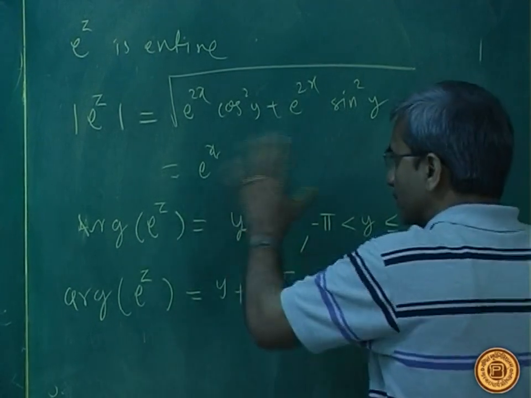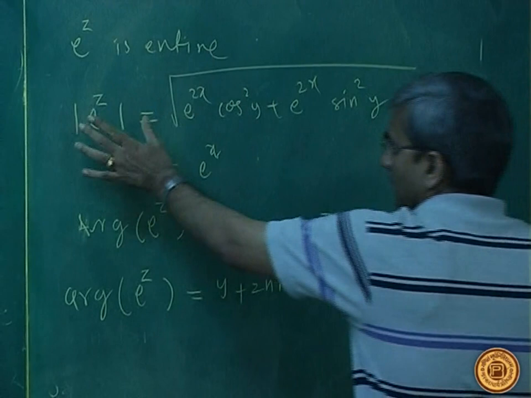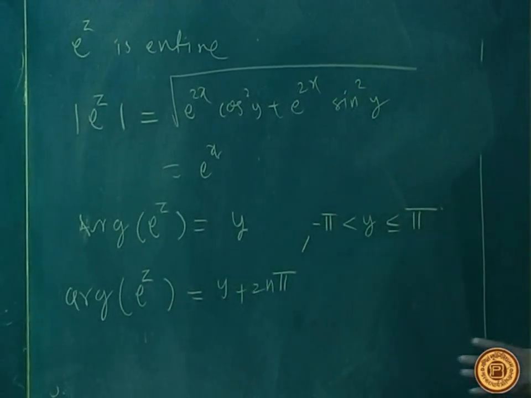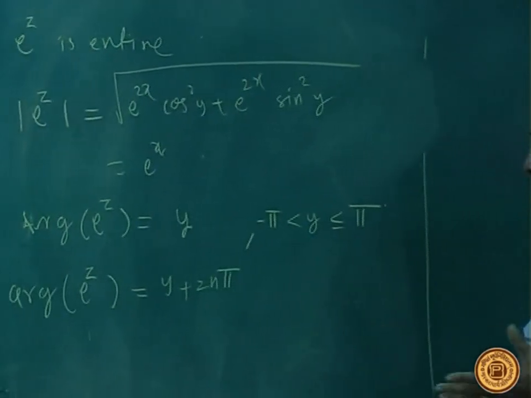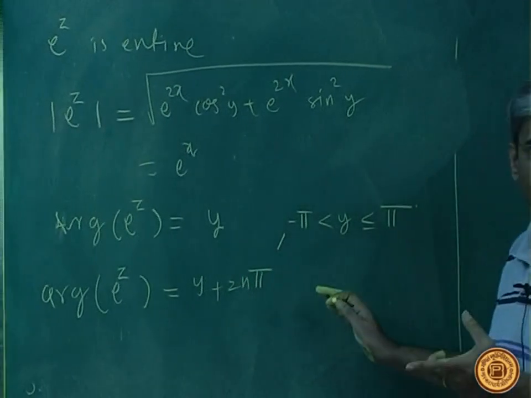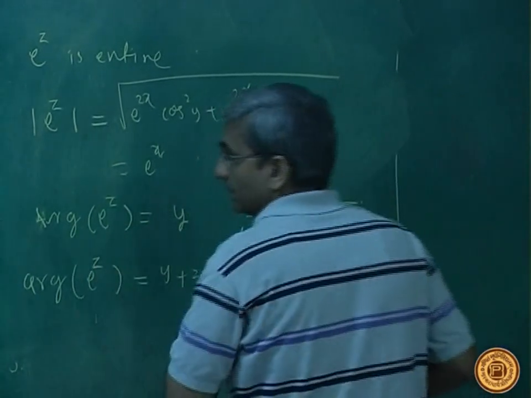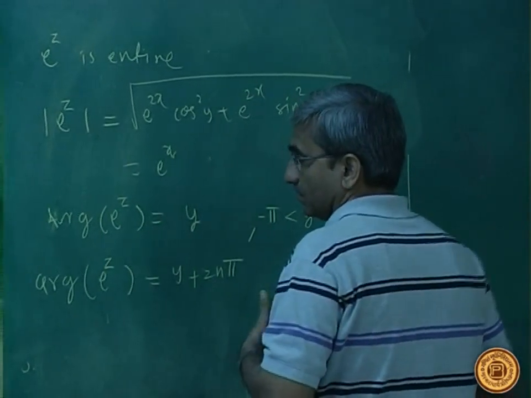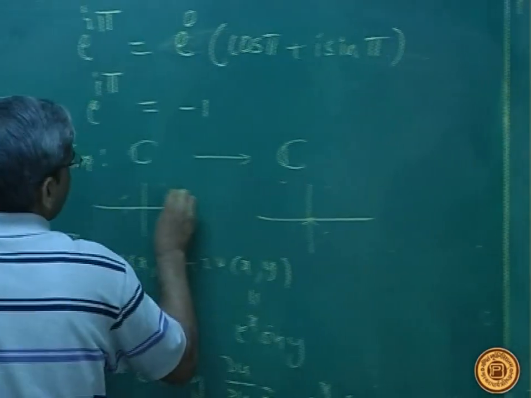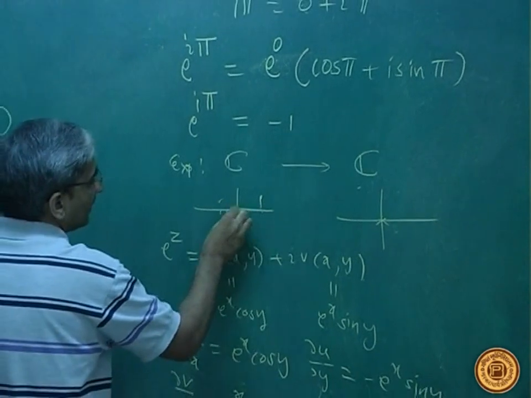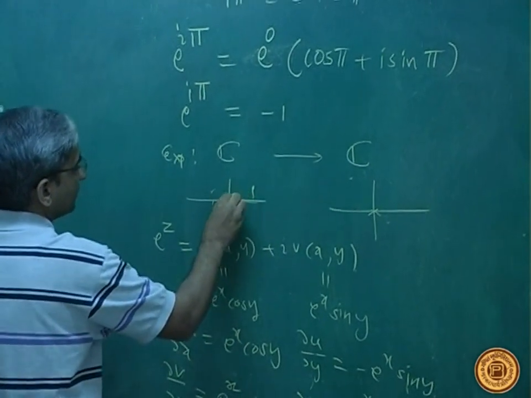Now this is most important, that is the absolute value is e to the power x and argument is y. We will capitalize on these two observations next time and then see the geometry associated with this mapping, which is the exponential function. So suppose this is the complex number that you are thinking of in the plane, then this point is x, this length is x, and then this is y.